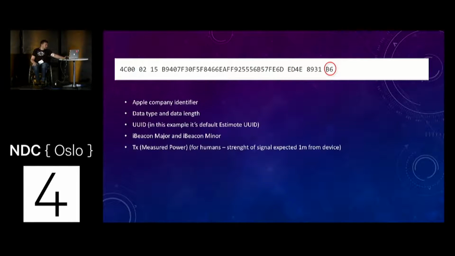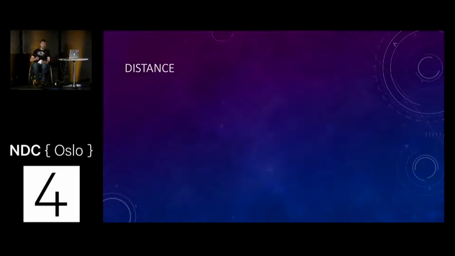And the last part is TX, which is the measured power. So the device also sends information about how much power it's broadcasting. Thanks to that, you can calculate how close you are to the beacon. Because you can know you're somewhere within 50 meters of the beacon, or 30 or 70, depending on the power settings.